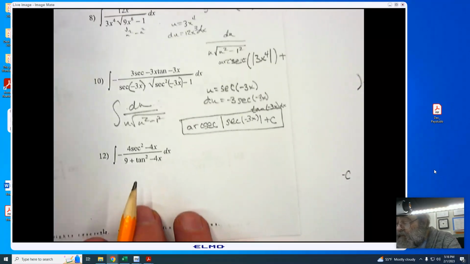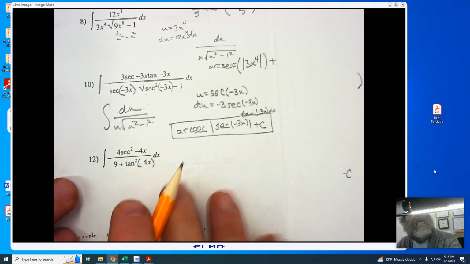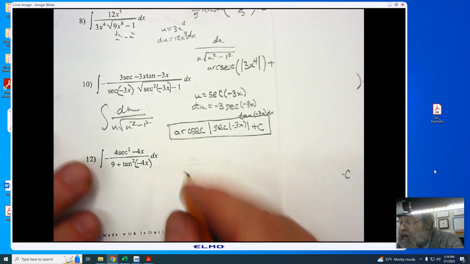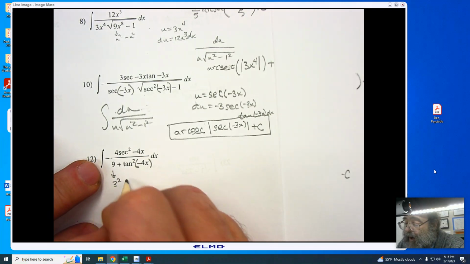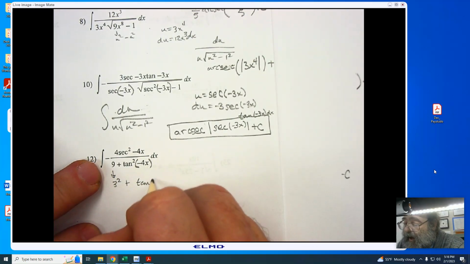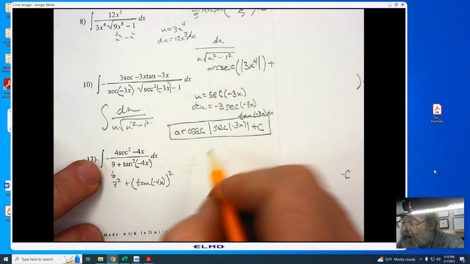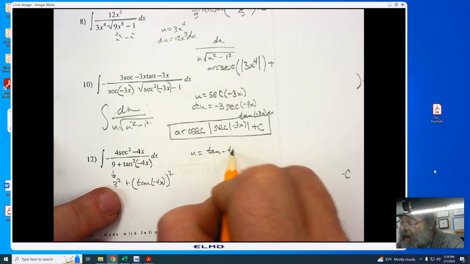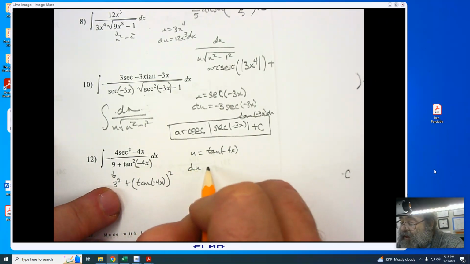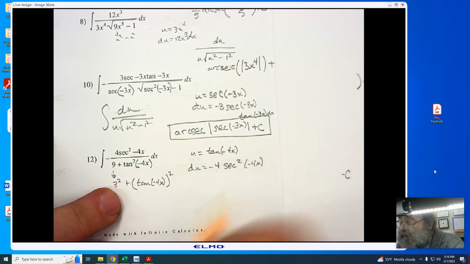Number 12. Once again, they did not put parentheses, and they should. When I give you a question like this, be aware I will give you that. So I can see that I have a 3 squared plus the tangent of negative 4x, the quantity squared, and therefore my u is going to be the tangent of negative 4x, which means that the du is going to be negative 4 secant squared of negative 4x.